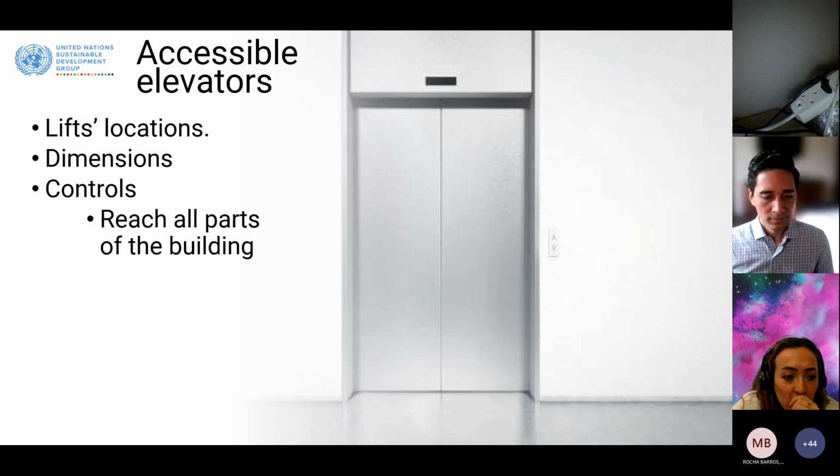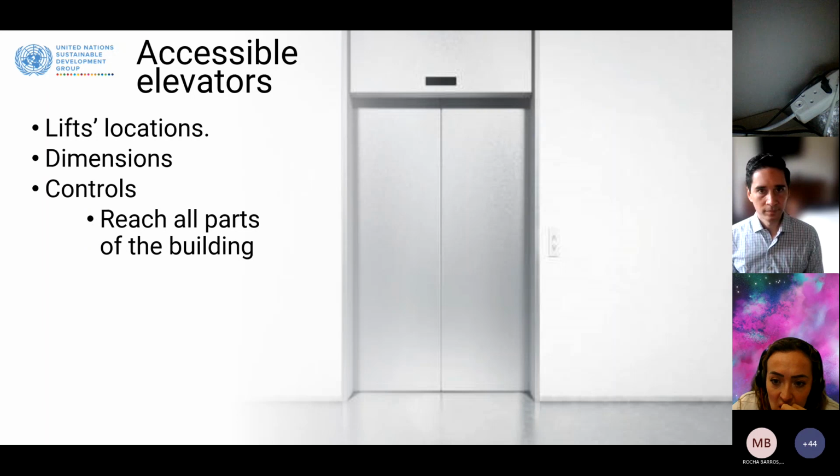And their controls can be accessed by everyone using audio and visual cues, high contrast signage, and large buttons, in order for the persons to be able to access them. Also remember that the floors of the elevator should be slip resistant as well. And the same goes for stairs and escalators.